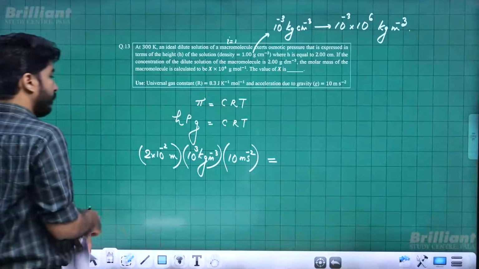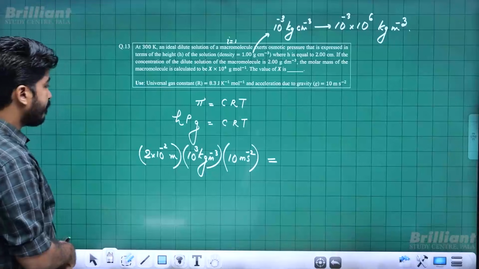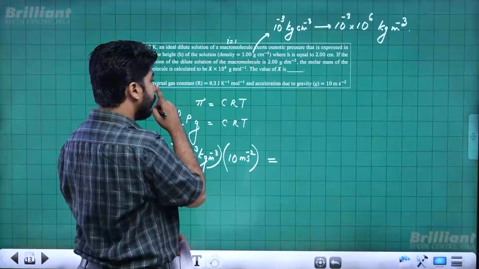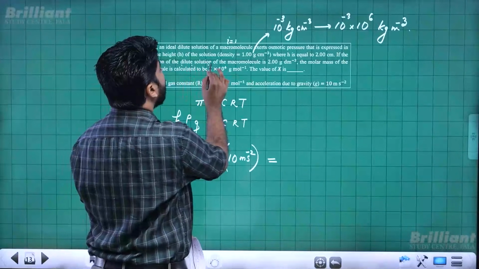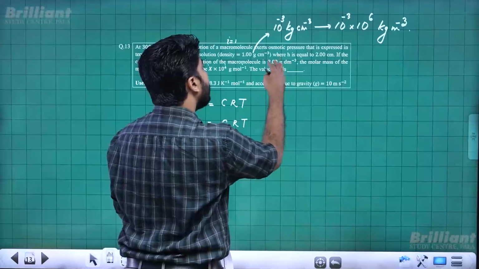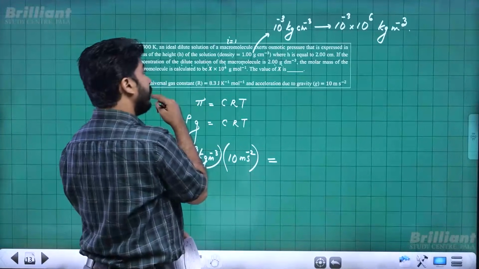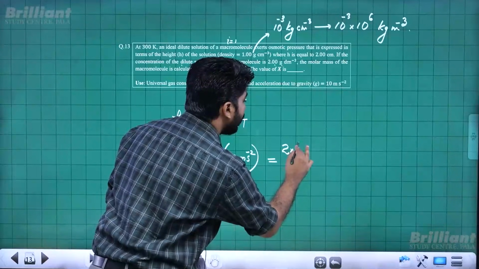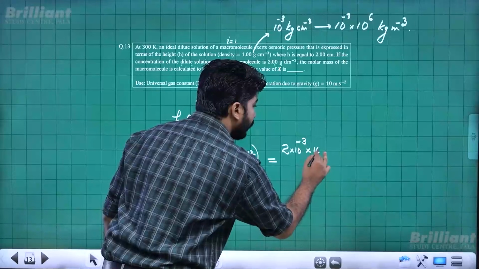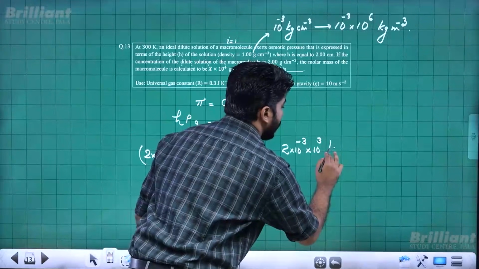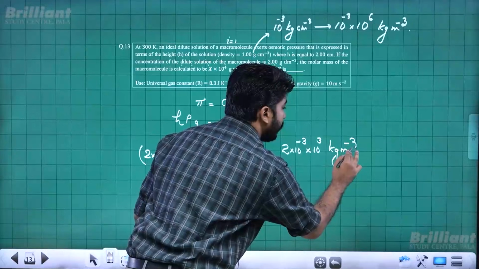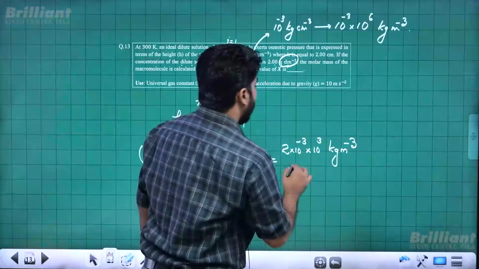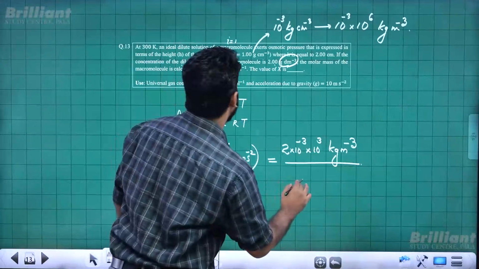This is equal to concentration of macromolecule in the solution. So concentration of macromolecule in the solution, in gram per decimeter cube or gram per liter, is given. So 2 into 10 raised to minus 3 into 10 raised to 3 kilogram per meter cube. So gram per decimeter cube is converted to kilogram per meter cube, the SI unit, and this divided by molar mass.